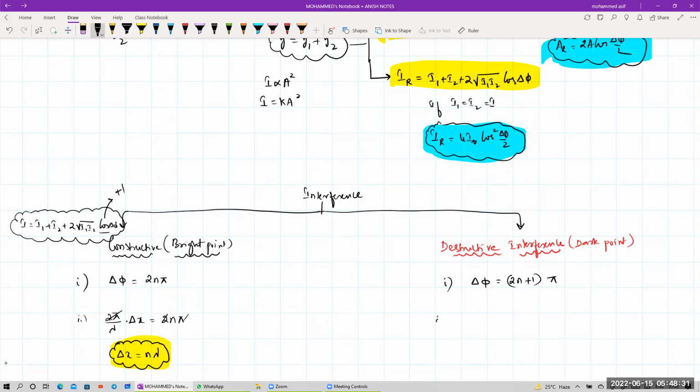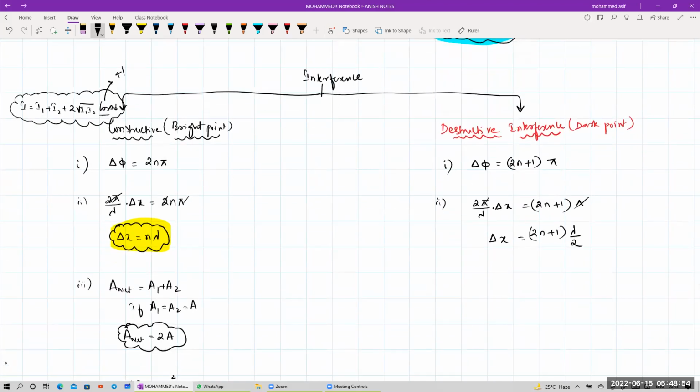So the phase difference delta phi equals 2 pi by lambda into delta x equals 2n plus 1 into pi. This pi will get cancelled, so the path difference delta x equals 2n plus 1 into lambda by 2. Yes, sir. This is the very important path difference formula.